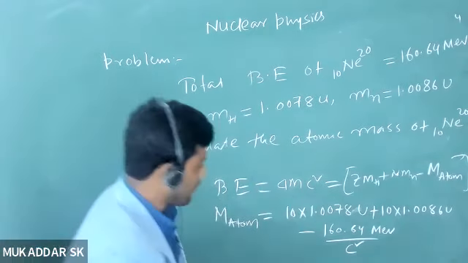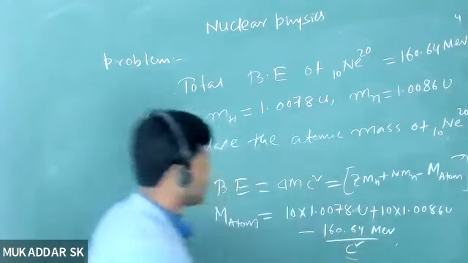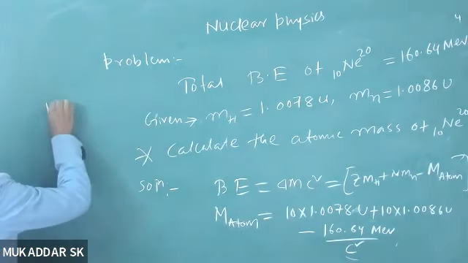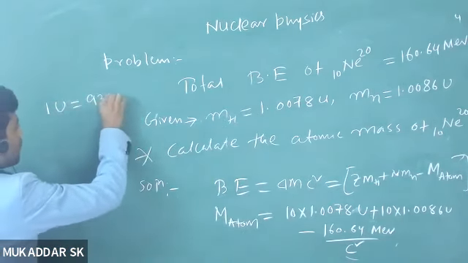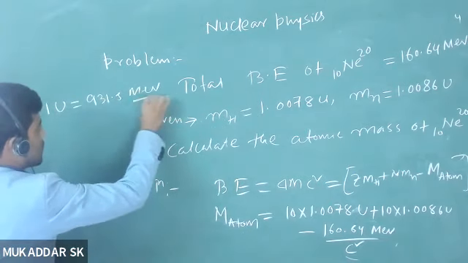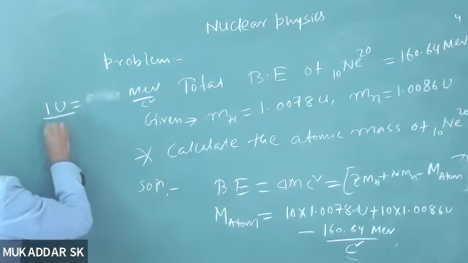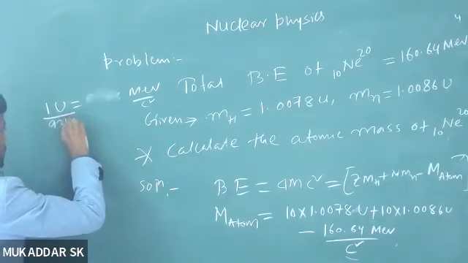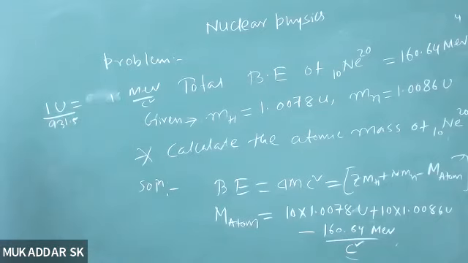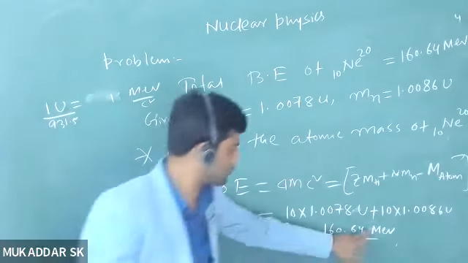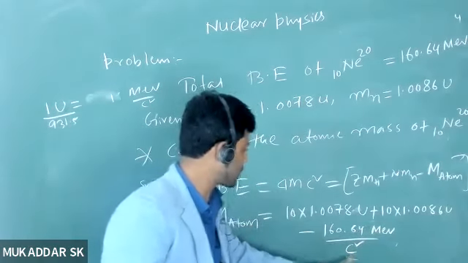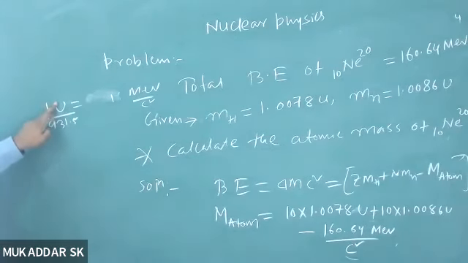Now tell me, what is MeV per c square? Remember, one atomic mass unit is nothing but 931.5 MeV per c square. So one MeV per c square can be written as one over 931.5 atomic mass unit. You can convert this MeV per c square into atomic mass unit just by dividing by 931.5.